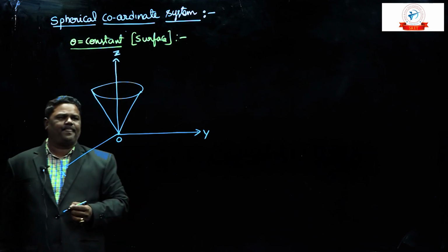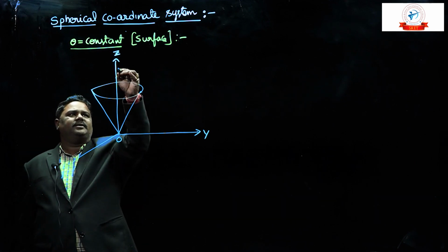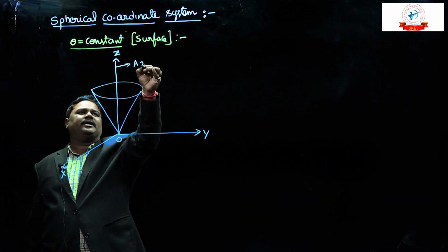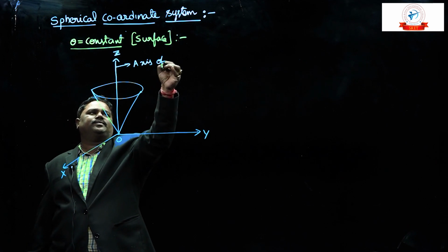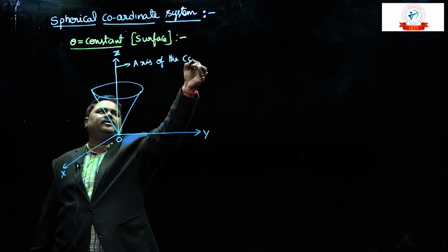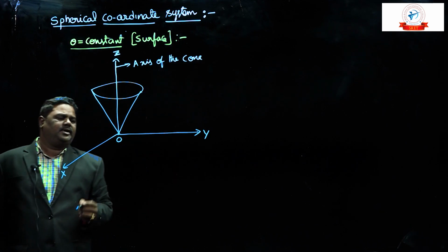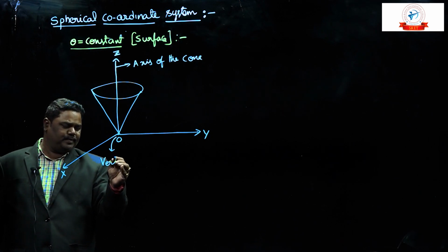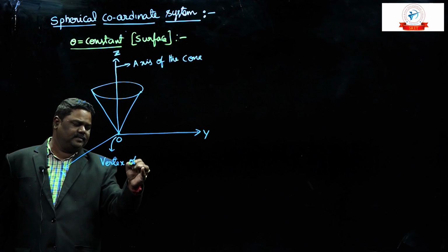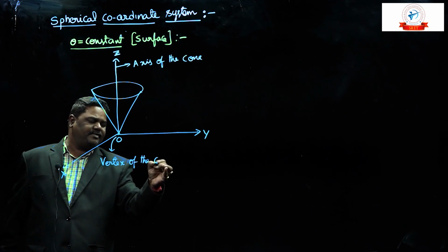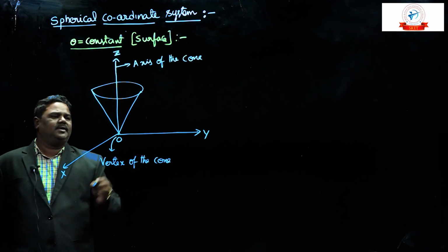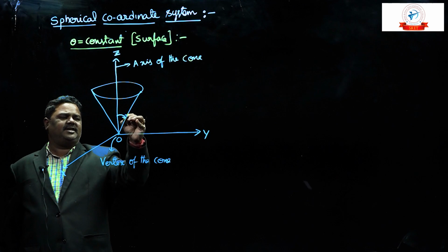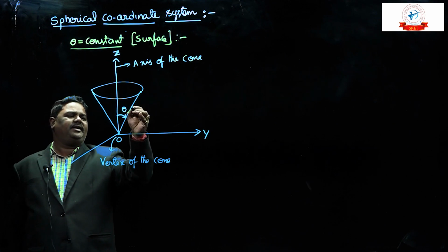Consider this cone. Here the z axis is the axis of the cone, and the origin is the vertex of the cone. Here we consider theta as the cone angle.